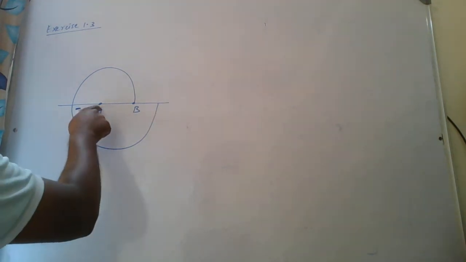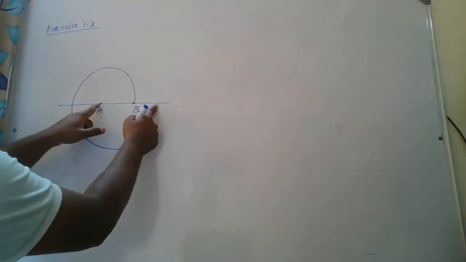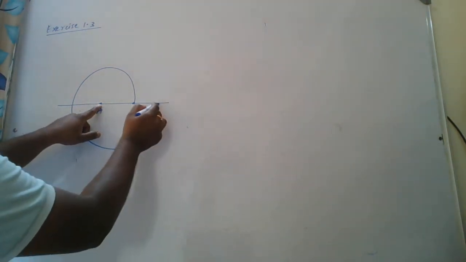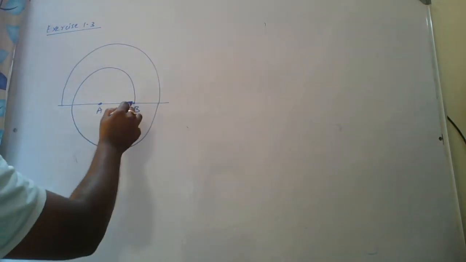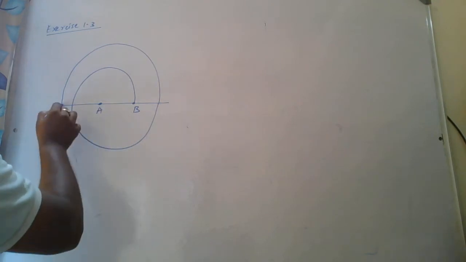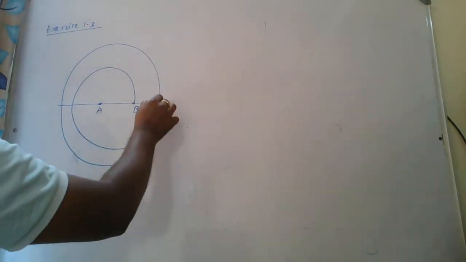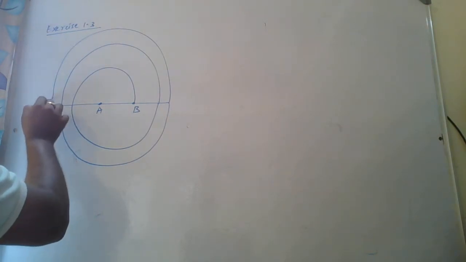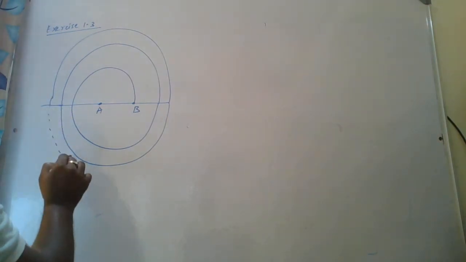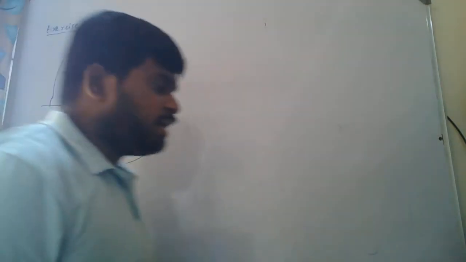Now again with A as center and this length as radius, keep your needle here, your pencil here, and draw a semicircle. Now take this as the center and draw a semicircle. You continue the process, by which we are getting a spiral. It keeps on going.